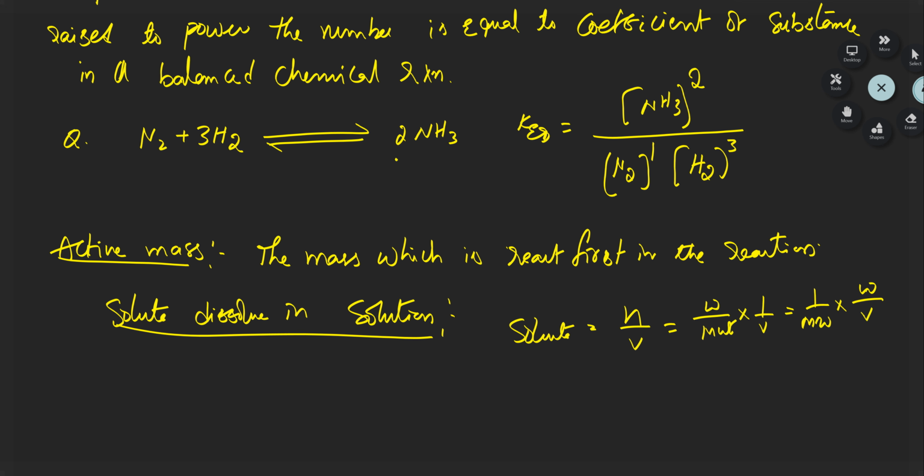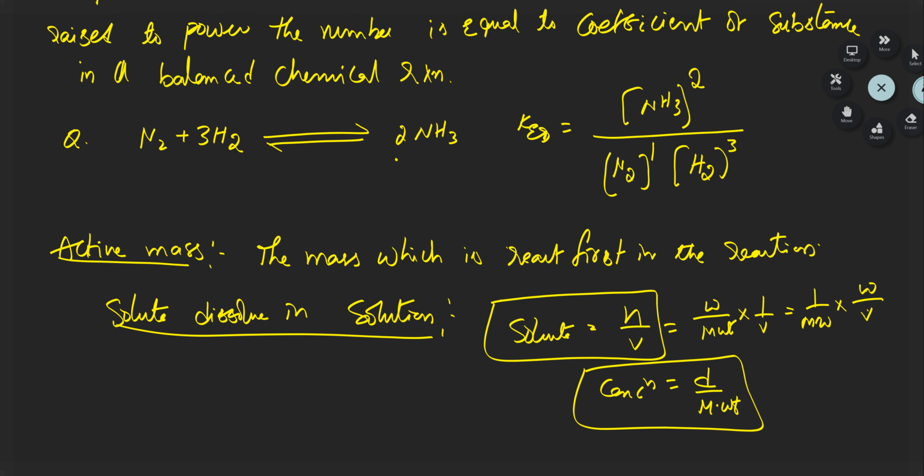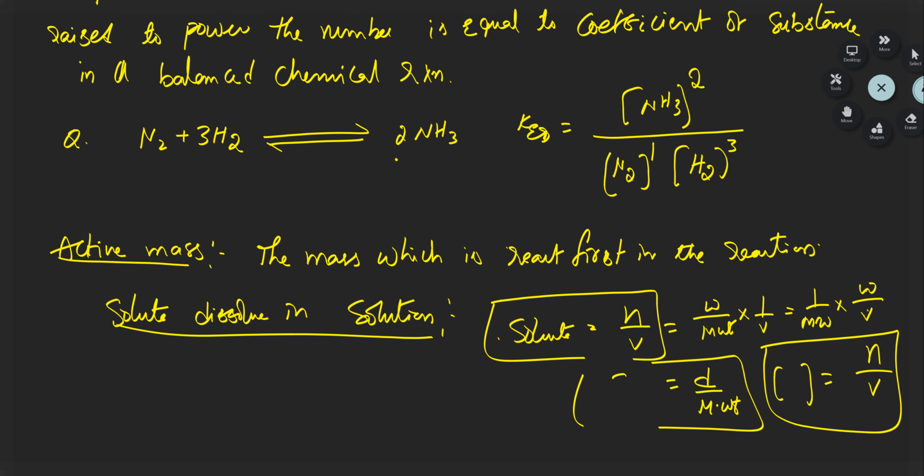Weight by volume means the mass by volume formula, density by molecular weight. So we can find the concentration in this case. Active mass in square brackets is equal to number of moles by volume. We need to show the active mass with square brackets.